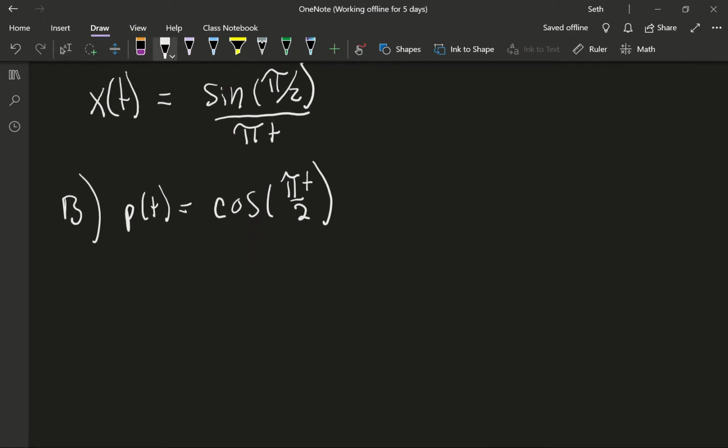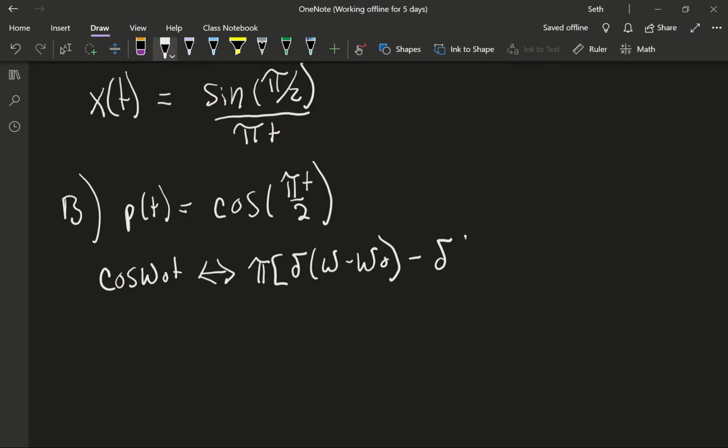We see that cosine omega naught t is going to map in the frequency domain to pi times delta of omega minus omega naught, plus delta of omega plus omega naught.